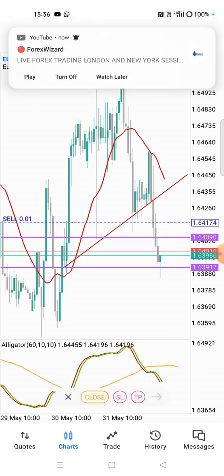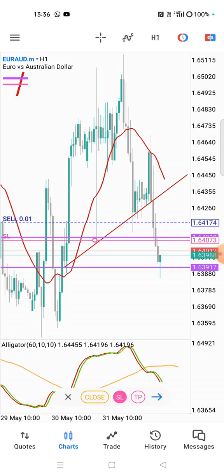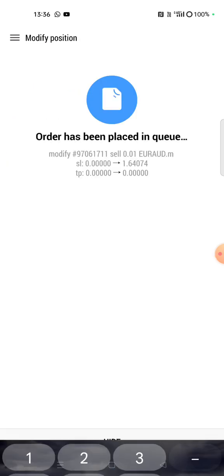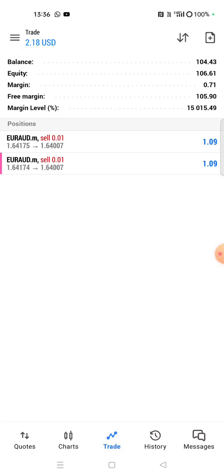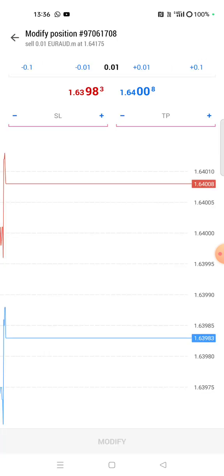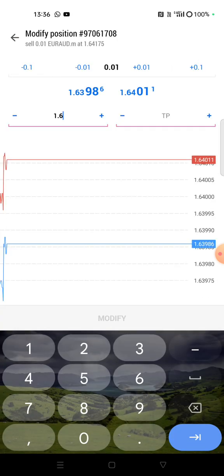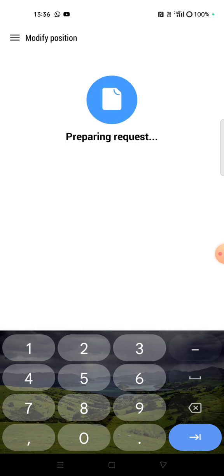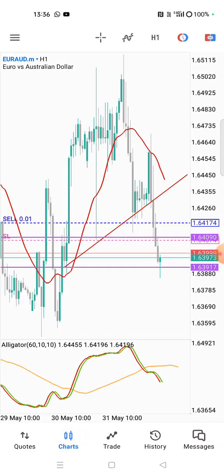My new stop loss will be minus 10 pips. So if both of them close, at least I still get some money. So it's better this way, and I also don't have to worry so much. It's better this way, that you trade like how I'm showing you guys.